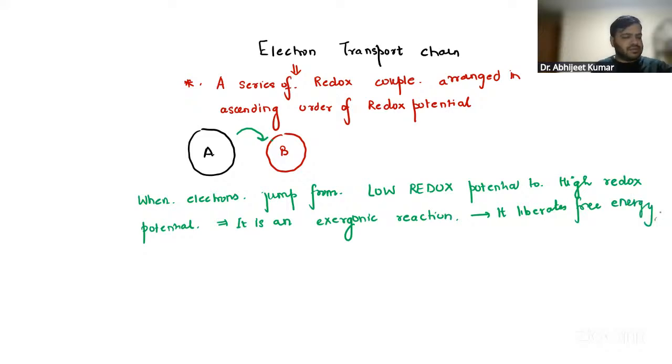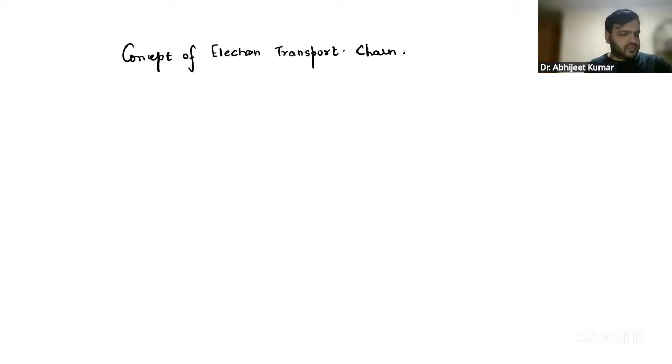Now, what is the concept of electron transport chain? Let us just discuss the concept of electron transport chain. Now we want to generate ATP from reducing equivalents that we get from various sources. Now you guys already know the macromolecules.